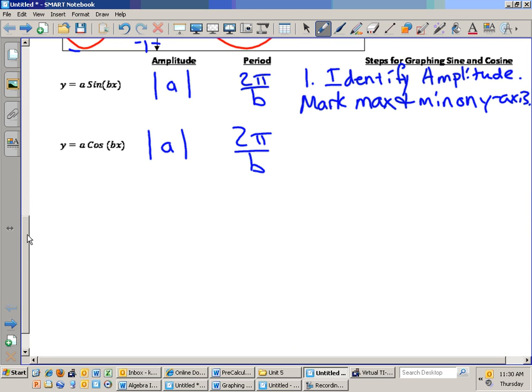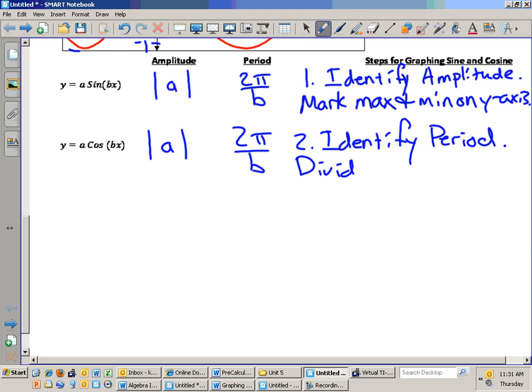Identify amplitude. Second step, identify period, divide into 4 congruent intervals.